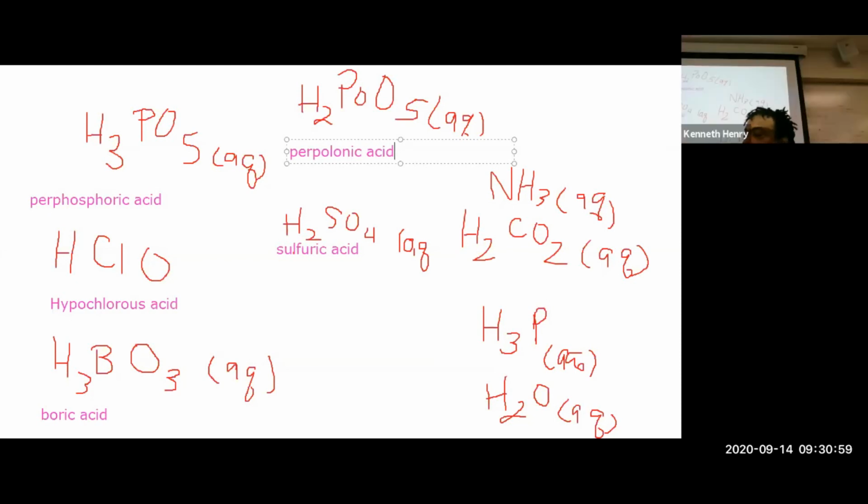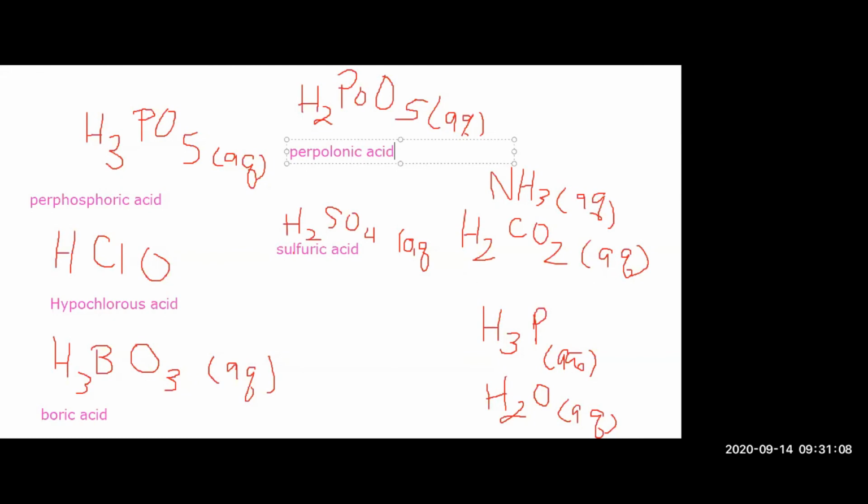Eventually, my fingers will actually start working this morning. Okay, perpolonic acid. Piece of cake? That was a hard one.